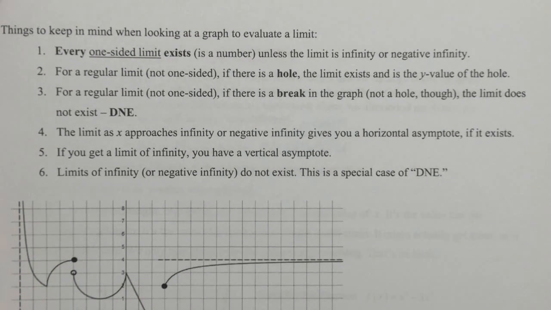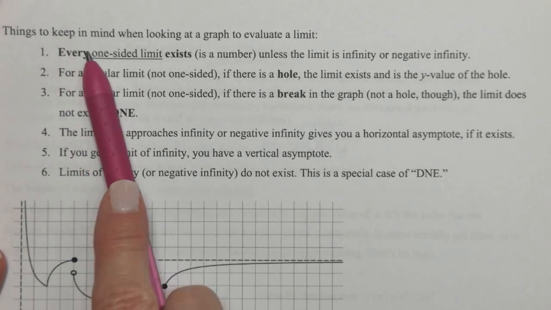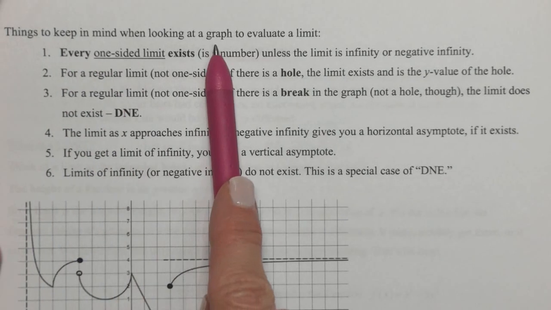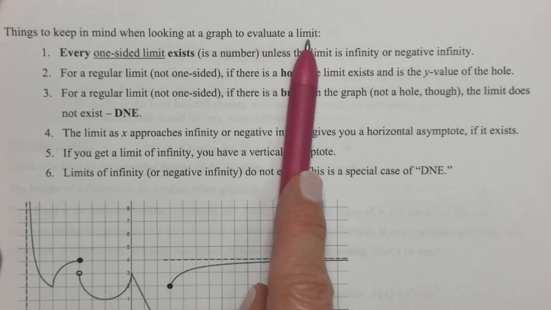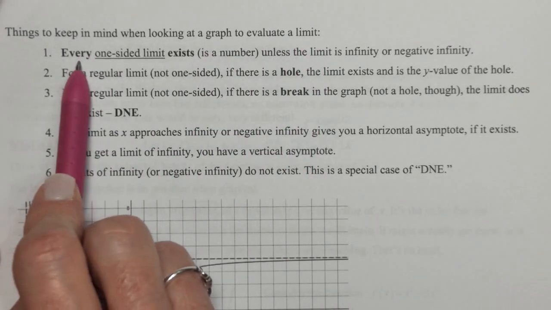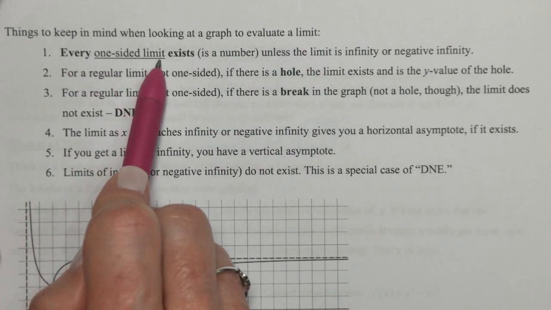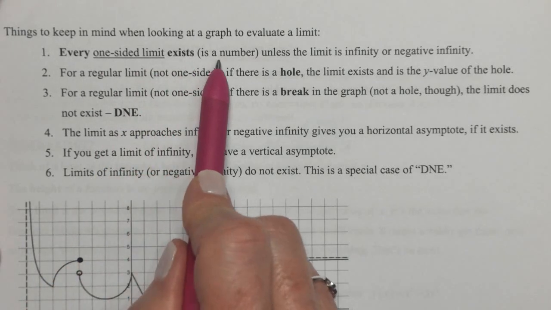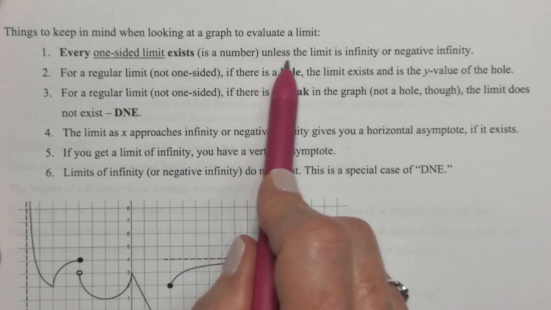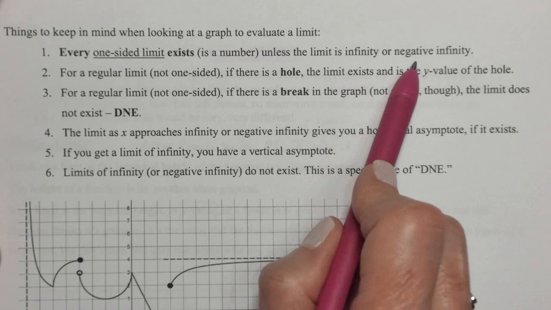All righty. So, some things to keep in mind when you're looking at a graph to evaluate a limit. Every one-sided limit exists, which means it's a number, unless the limit is infinity or negative infinity.